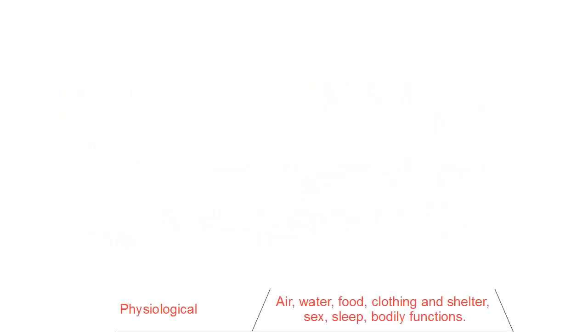Now, you have a pyramid, and at the bottom, the basis of it, you have your physiological needs. These are the things that everybody needs basically to live. If you don't have these, you'll probably die. Things like air, water, food, clothing and shelter, sex, sleep, bodily functions, etc. With the exception of sex, you need all of these to stay alive.